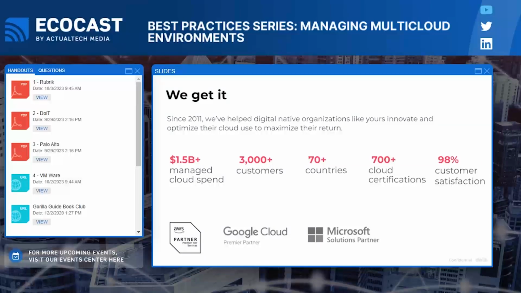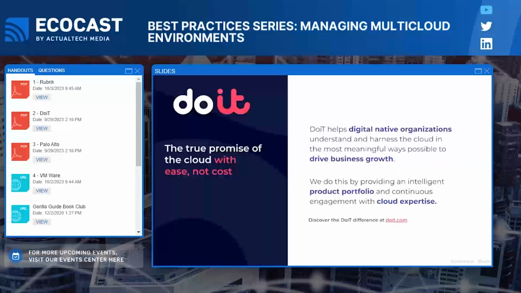We manage over 1.5 billion in spend, 3,000 customers, and we work with all the major cloud providers. And we have really strong customer satisfaction rating. We have many cloud experts with many certifications and real expertise in the cloud. Do It's here to help deliver what we're calling the true promise of the cloud with ease and lower cost.